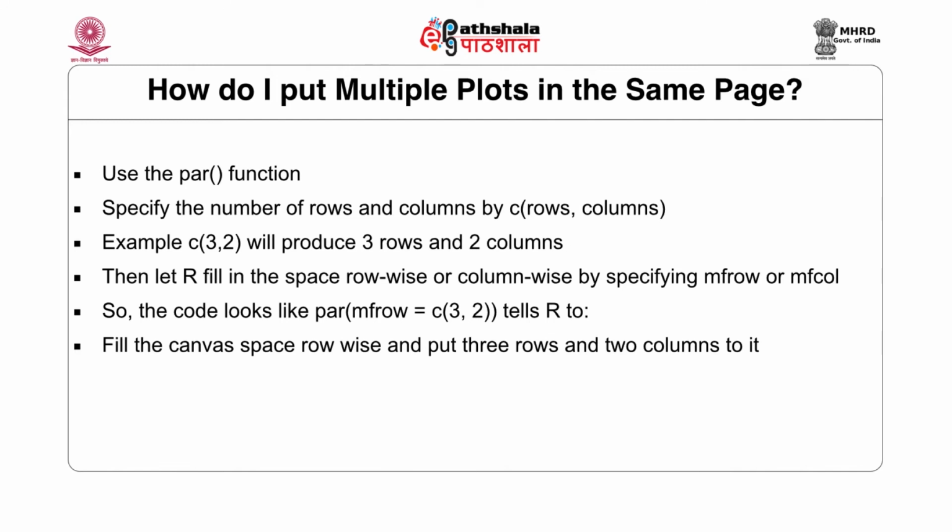So if you wanted to put two plots side by side, which means 1 row and 2 columns, you would use c, which is concatenate, 1 row and 2 columns. So rows come first and columns come second. And then you would like them to fill up row-wise. So you'll say mfrow, which basically tells R that you would like to have the plots filled row-wise.